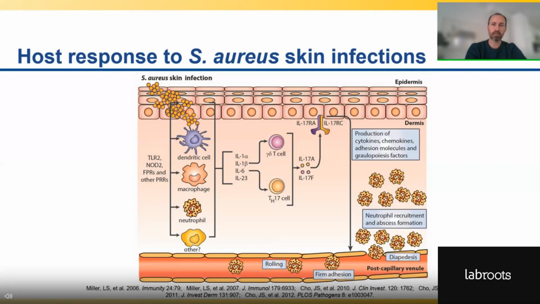These innate cytokines promote the development of IL-17 responses from gamma delta T cells and Th17 cells. IL-17 acts on keratinocytes to promote the production of cytokines and chemokines that help promote neutrophil recruitment and neutrophilic abscess formation that's important for the containment and eventual clearance of the Staph aureus skin infection.